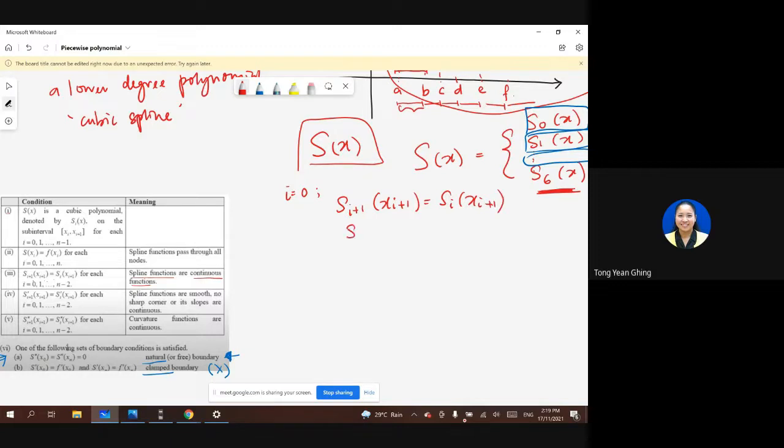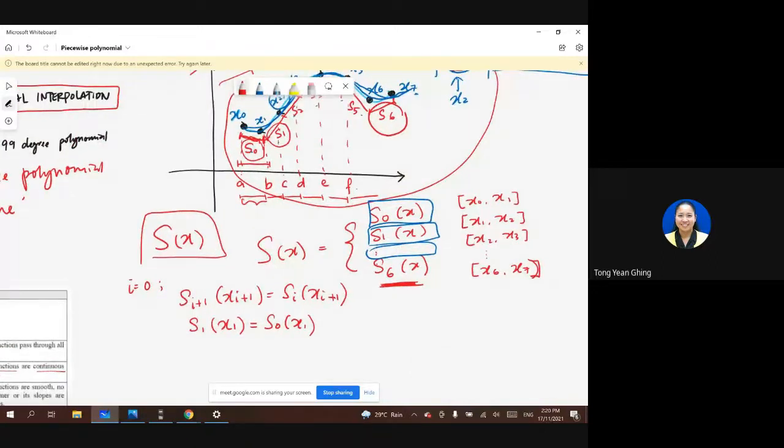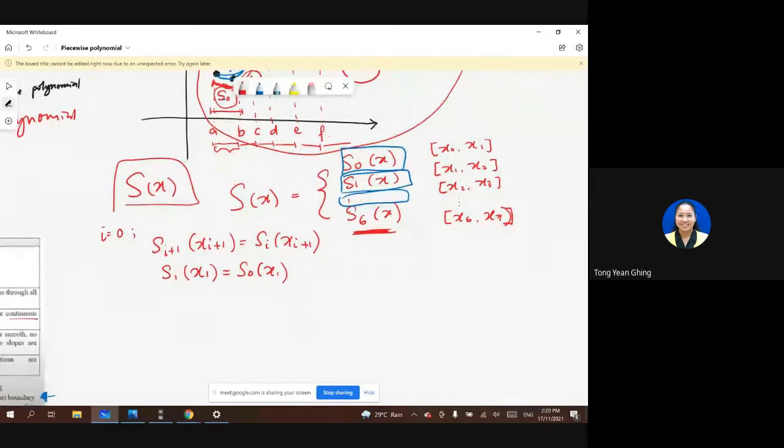Maksudnya, S1 saya untuk x1 mesti sama dengan S0 untuk x1. Contoh, apabila I do these two functions, saya besarkan graf. Saya lukis balik graf tu.